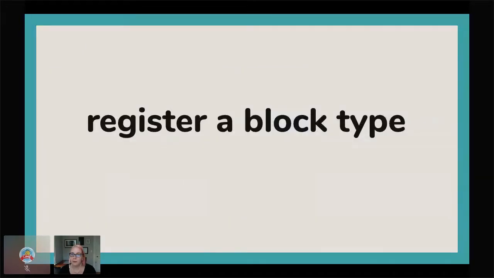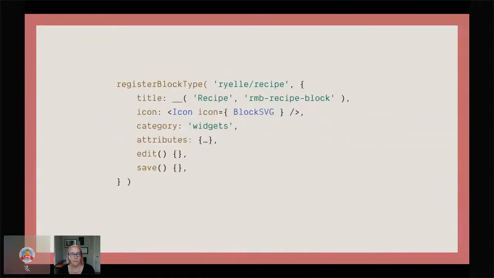The first step to that would be to register a block type. For that, you have this function, and you give it essentially two things. The first is the name of the block. This needs to be a unique name, and it's usually prefixed with something. Core blocks always prefix with core, like core/text, core/code. In WooCommerce, we prefixed with woocommerce.